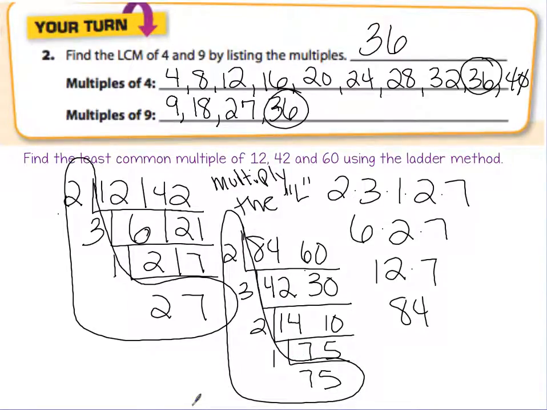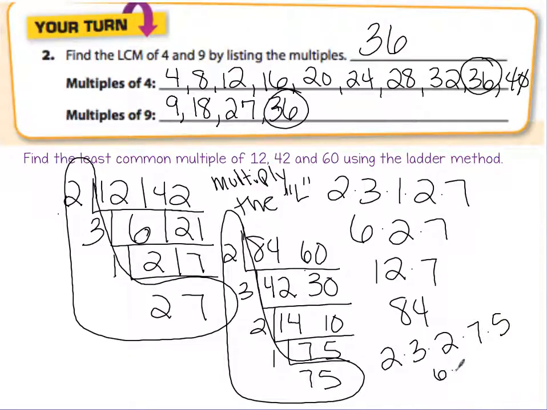Now I'm going to multiply these numbers together to find my LCM. The LCM of 12 and 42 was 84. Now I use that 84 to figure out the least common multiple between 84 and 60. So I have 2 times 3 times 2 times 1 times 7 times 5.